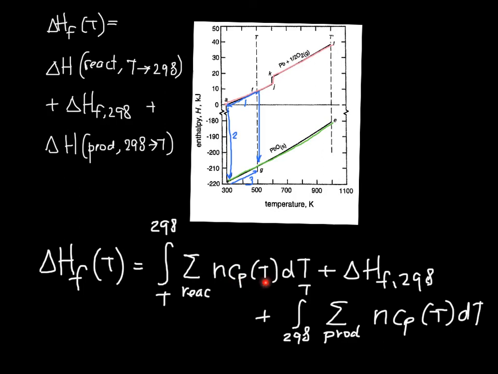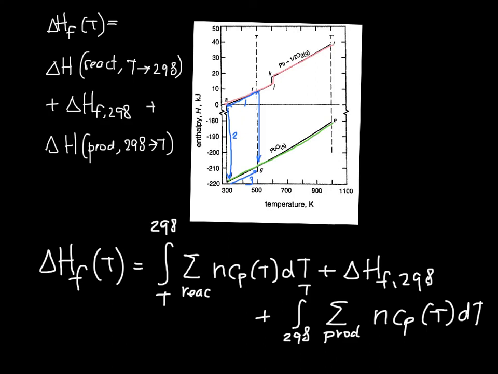So I'll point out this is not multiplying by T, this is just showing that Cp is a function of T. Also, the limits on these integrals are opposite because in one case we're cooling down and in the other case we are heating up.